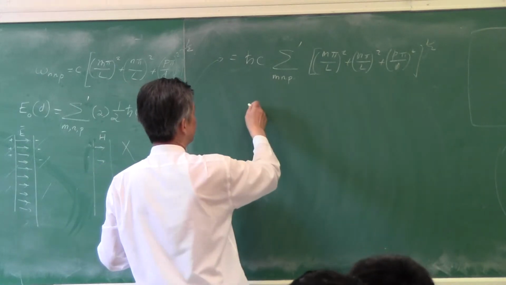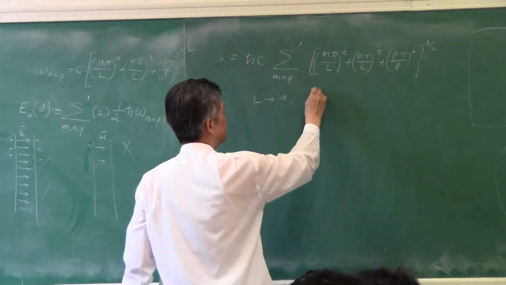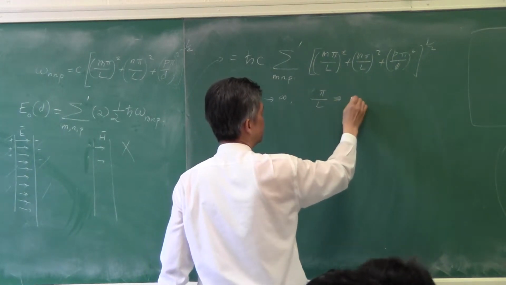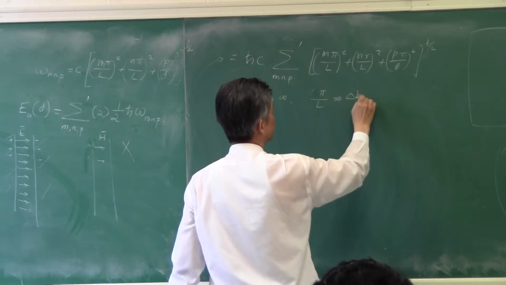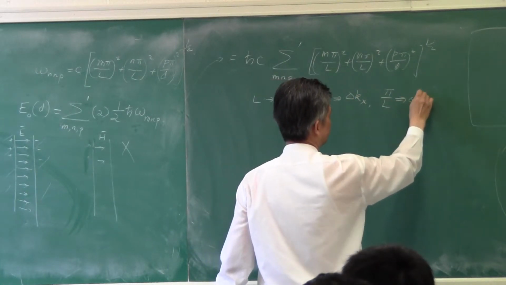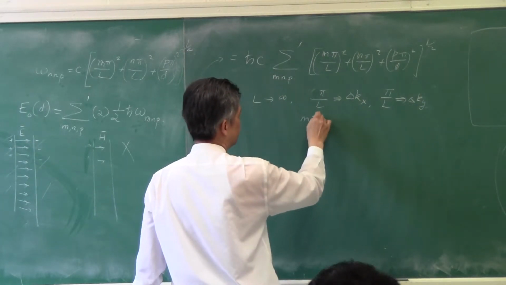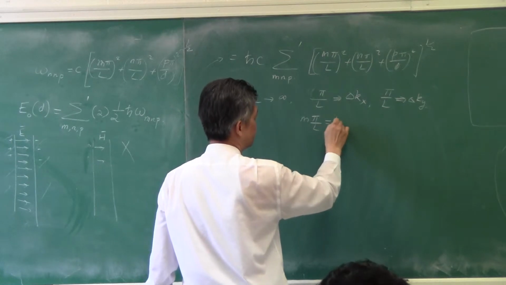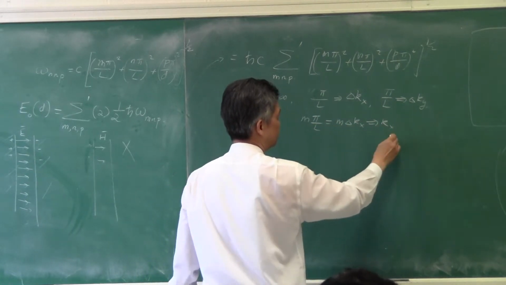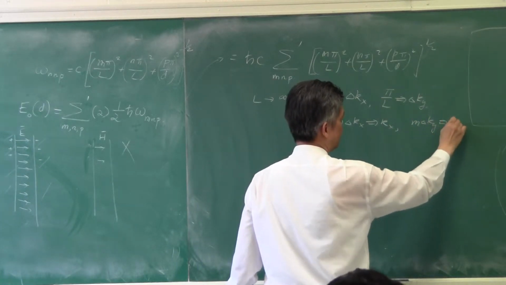So we can actually, in the limit when L goes to infinity, pi over L becomes delta kx, and then pi over L becomes delta ky. Okay, then m pi over L is equal to m delta kx becomes kx, and then this would become n delta ky becomes ky.